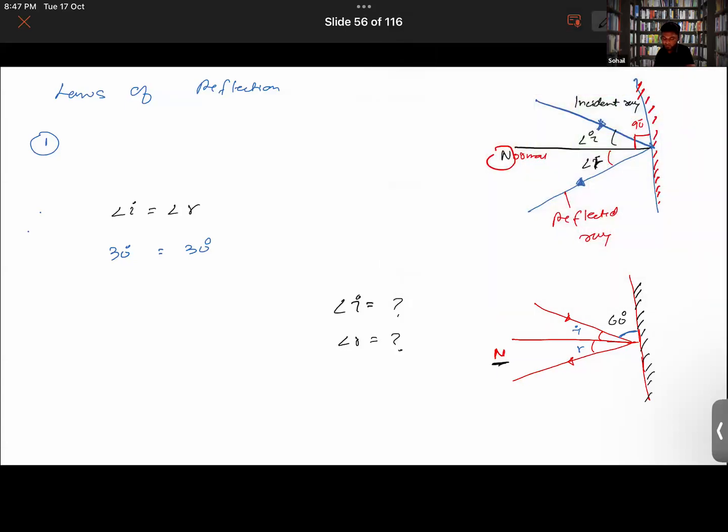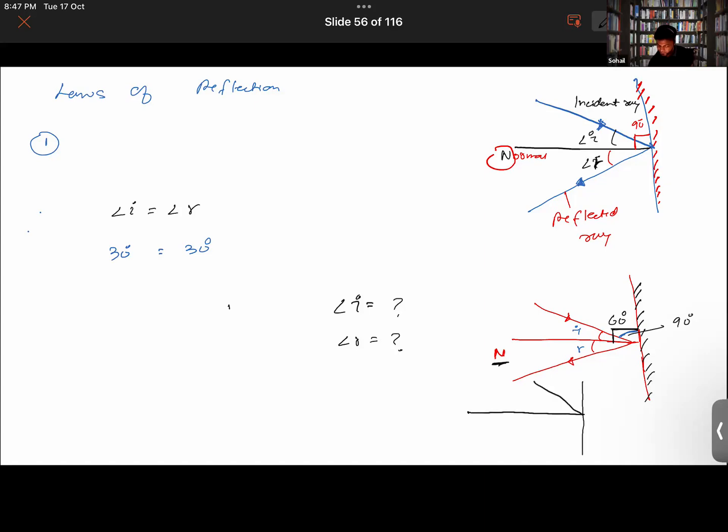The thing here is that, let me redraw the figure here. Or let's just do it with this one. This whole angle measures 90-degree. Let's take a simple diagram, for example, as I'm explaining this question.